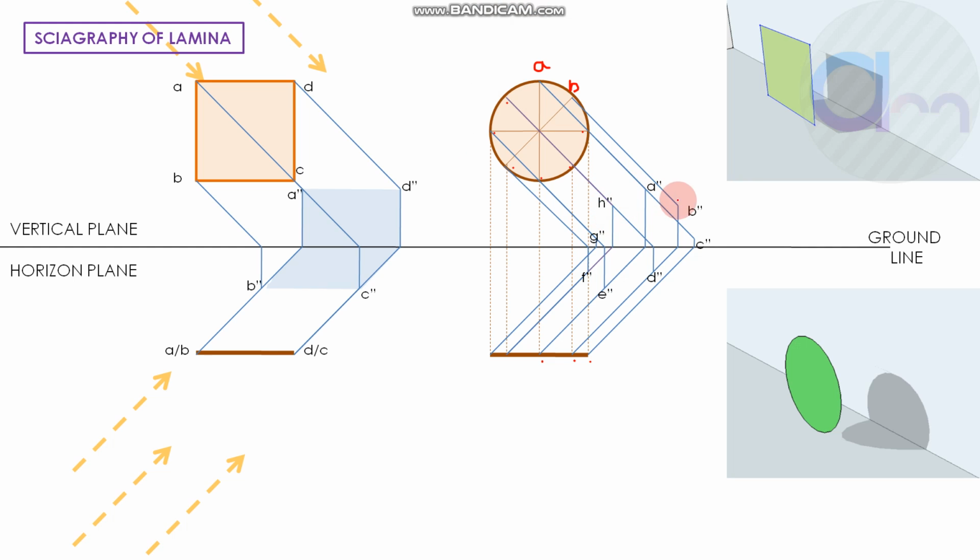So these are our intersecting points. Joining the intersecting points, we get the reference line of the Sciagraphy. This is the line of the Sciagraphy, and then the Sciagraphy of the circle is this one. So this is how we find the Sciagraphy of a circular lamina.